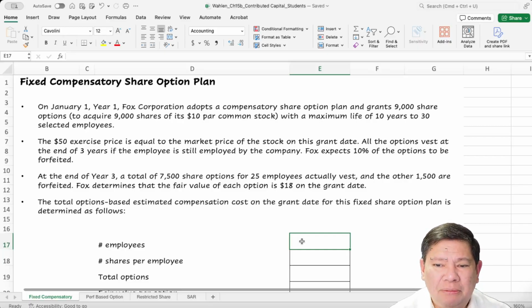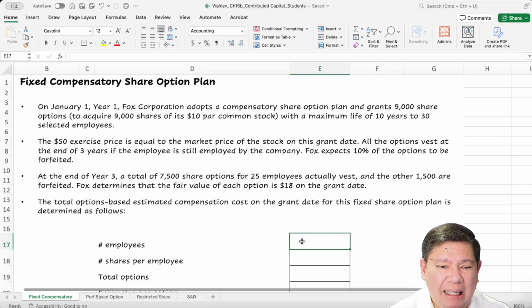All the options vest at the end of 3 years if the employee is still employed by the company. But the company expects 10% of the options to be forfeited, so only 90% will be given to the employees.